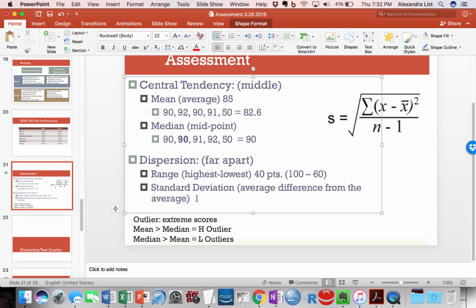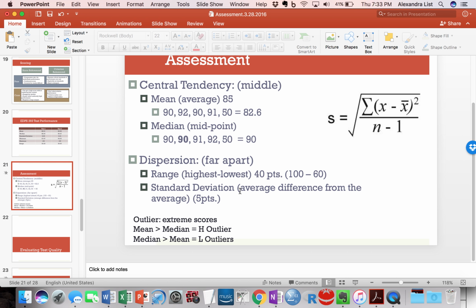The standard deviation could be something like, let's say, 5 points. The way I would interpret that is students' scores on average were 5 points away from the mean. So what that means is, I'm using the word mean a lot. So what that means is that on average, students' scores were between a 90 and an 80.